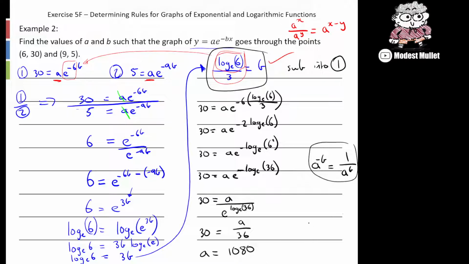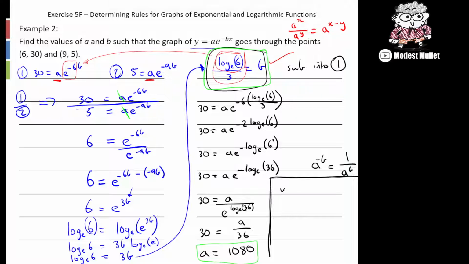And that's it. We have found b, which was up here, and we have found a, which was here. So if we really wanted to, we could then finally write the equation. It's not going to be pretty looking, but we can write it.